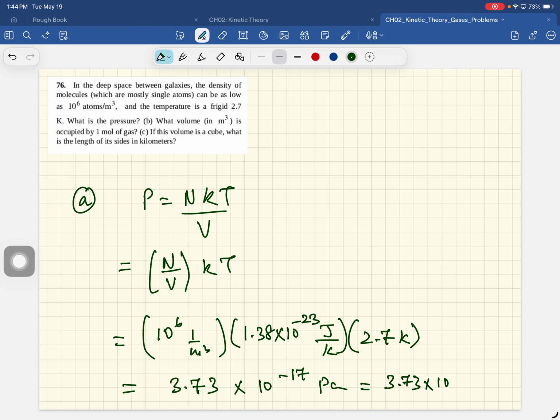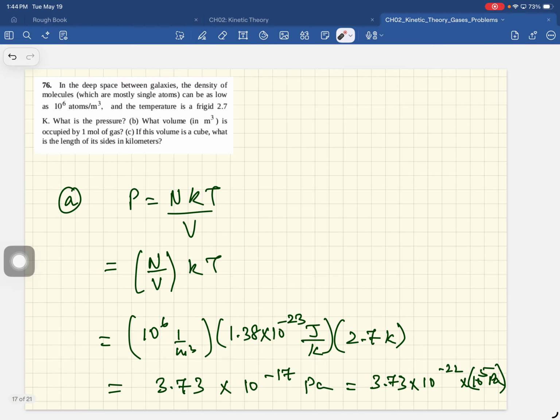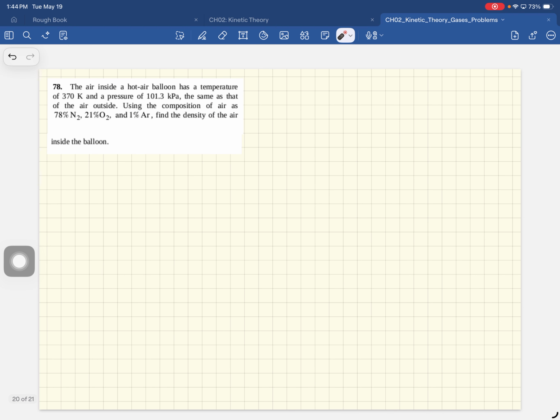And the temperature is 370 Kelvin. And a pascal is a Newton per meter square. What we need for density is kg per meter cube.